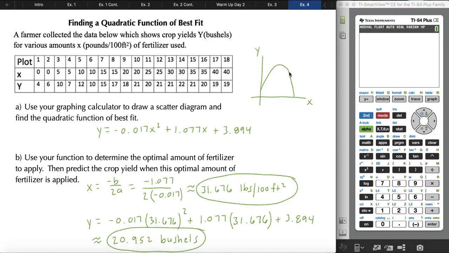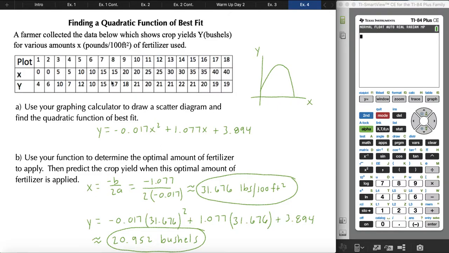So this would be a nice little rough sketch of this particular situation, right? Just a little bit of fertilizer yields just a little bit of crop. As you increase the fertilizer up to a certain extent, you get more crop, and then too much fertilizer starts to hurt your crop yield, okay?